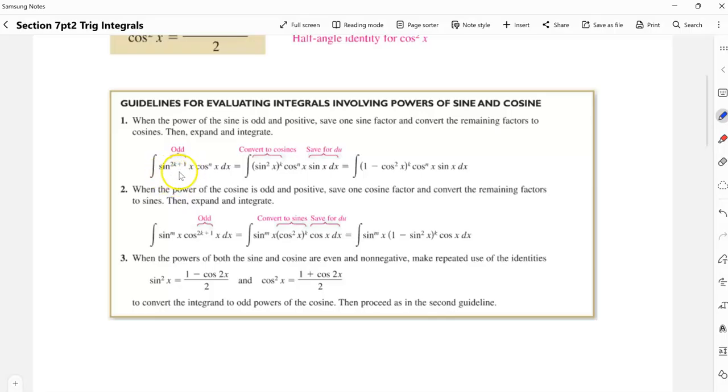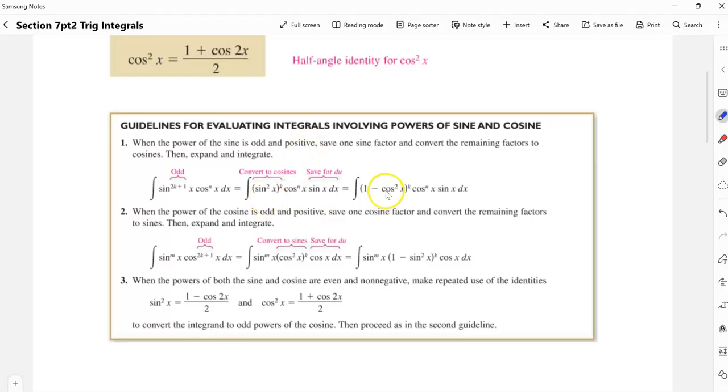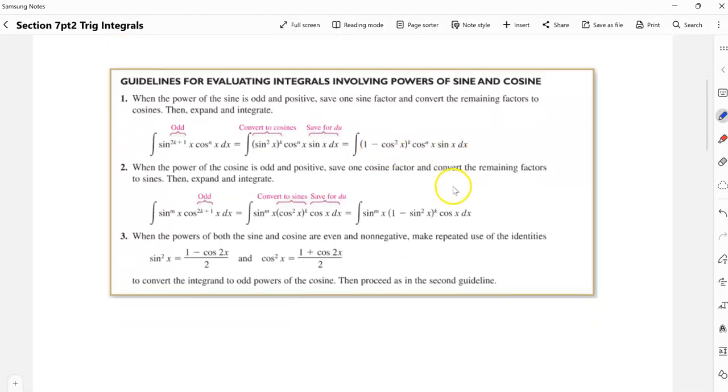But let's say we have an odd number of sines, then maybe we can convert some of those sines to cosines, depending on what we have, reserving a sine so that we could do a u substitution once we expand everything out. So you can see how we would rewrite that sine squared as 1 minus cosine squared, coming from that Pythagorean identity, making that substitution, and then multiplying everything through so that we could do some u subs.